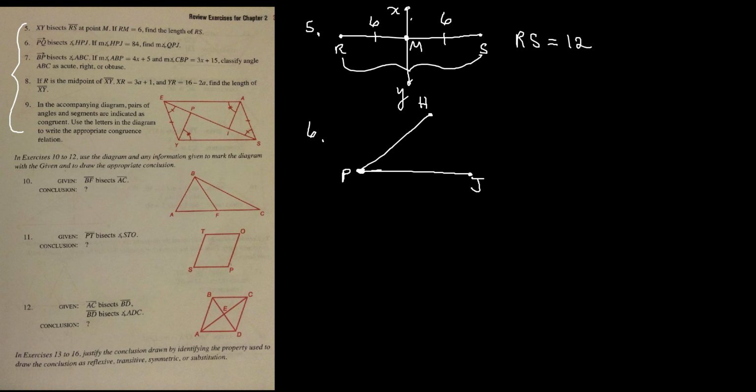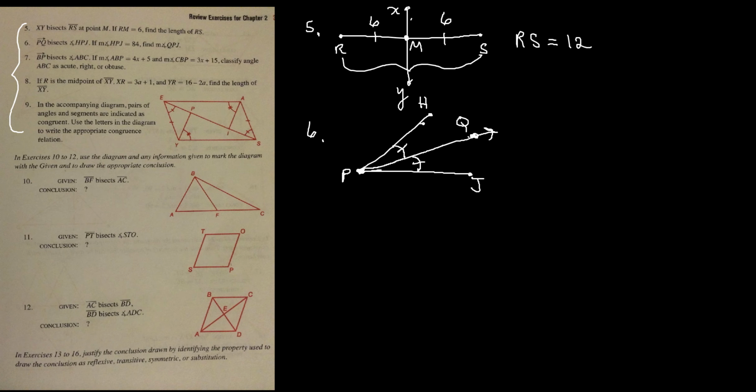And this is the same thing. If there's a ray that bisects an angle, so this is a ray and it's PQ, it means that these two angles are going to be equal. So we can put those markings in there. PQ bisects it. If the big angle HPJ is 84, then they want to know what QPJ is.